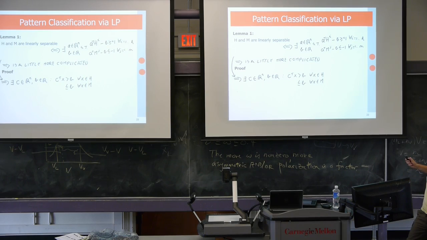And what's more, it will also be true that the minimum of A transpose H minus B will be 1, and the maximum of A transpose M minus B will be minus 1. And some of you were complaining a little bit that there must be some simpler construction for finding this A and B vectors, right?